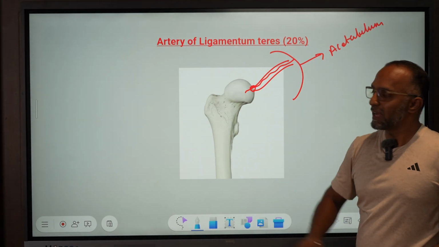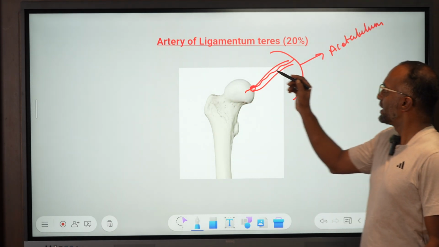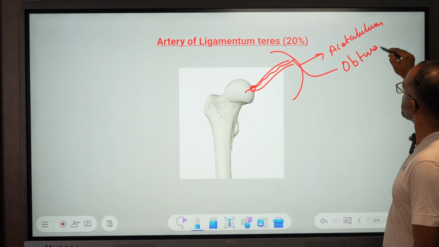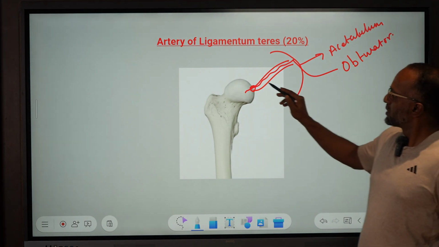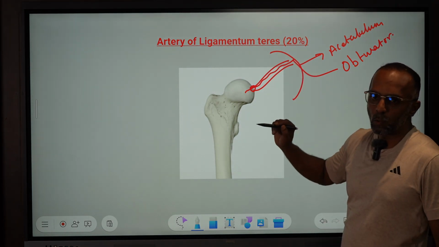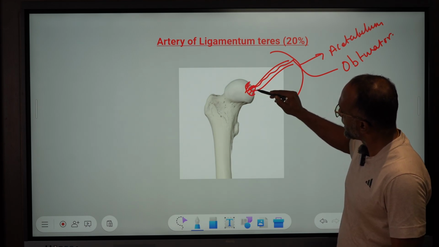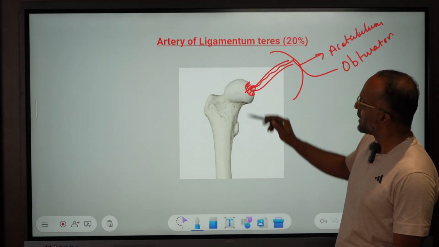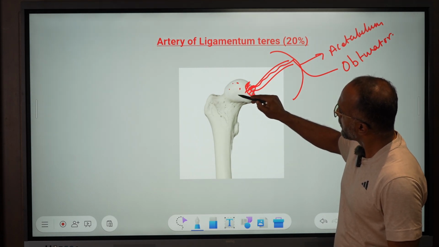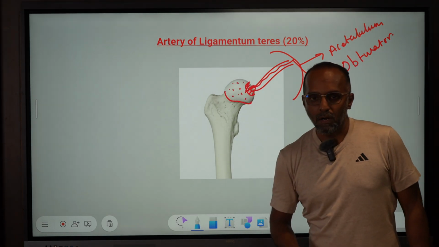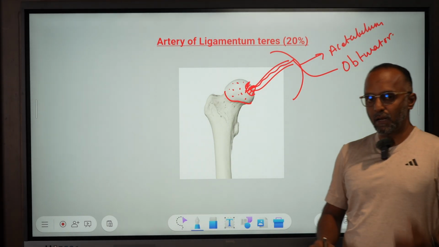That artery is called the artery of ligamentum teres, which arises from the obturator artery. This artery supplies around 10 to 20% of the blood supply around its insertion. So only this area is supplied by the ligamentum teres, and all the remaining part of the head is supplied by this intra-capsular or subsynovial arterial ring.